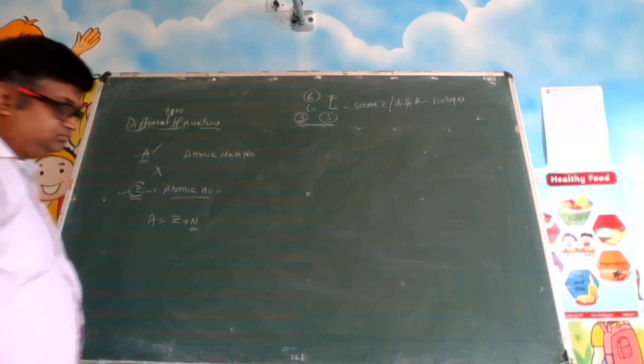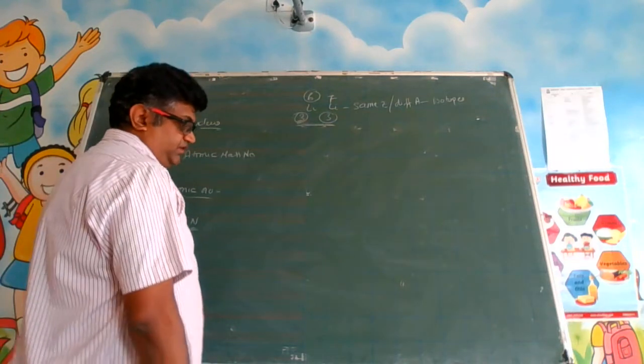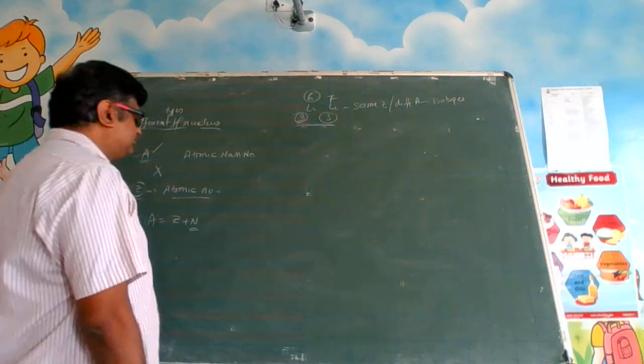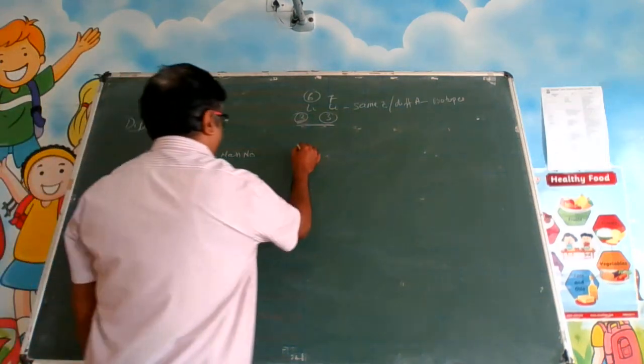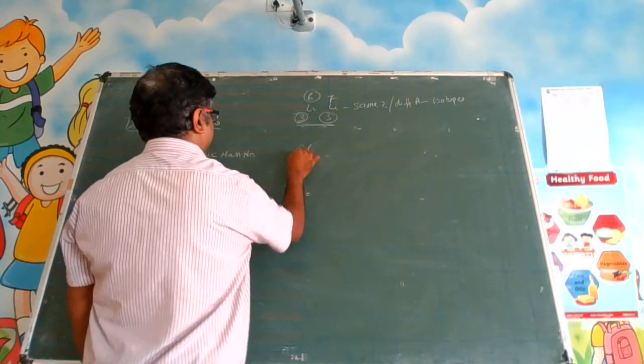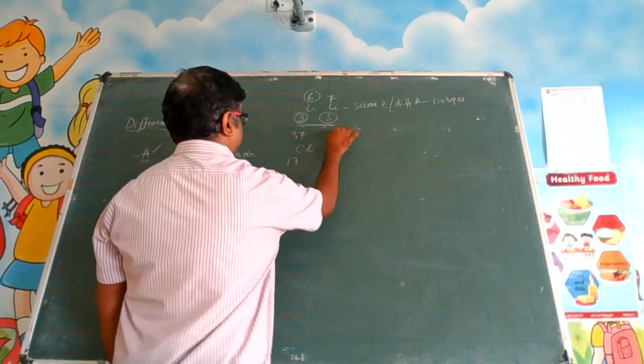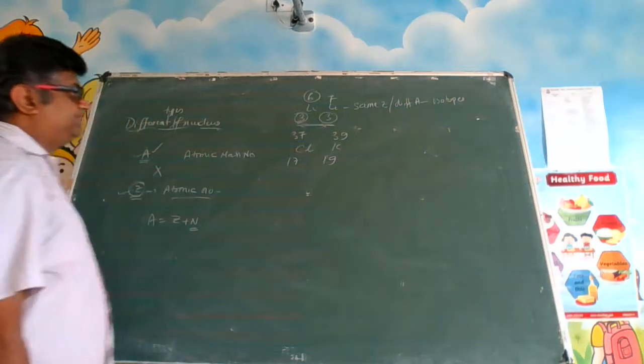Now let's say we take chlorine 17, 37 and potassium 19, 39, right?